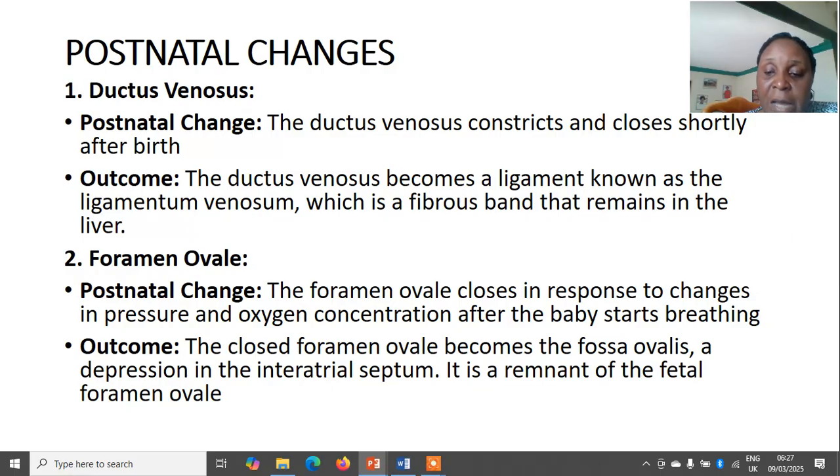It is a remnant of the fetal foramen ovale. So when the heart is checked, it has a depression in the septum which separates the atria. And this is a remnant of the foramen ovale. It is called the fossa ovalis.